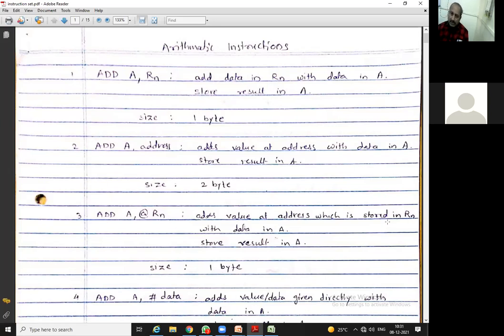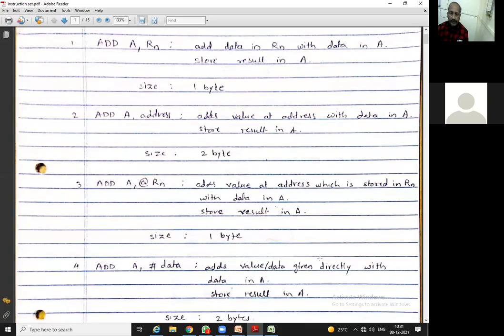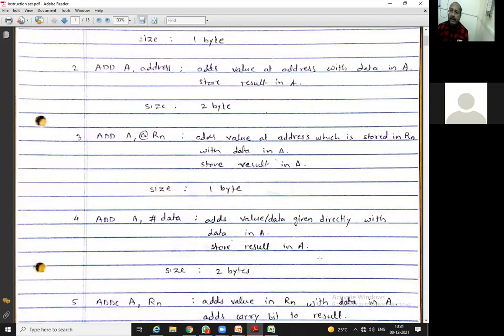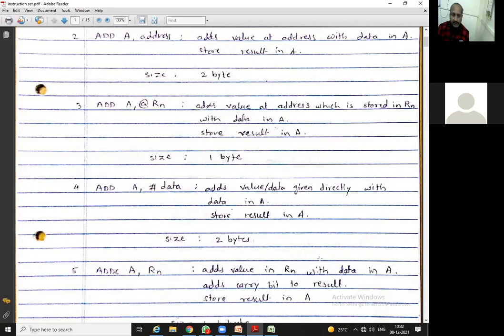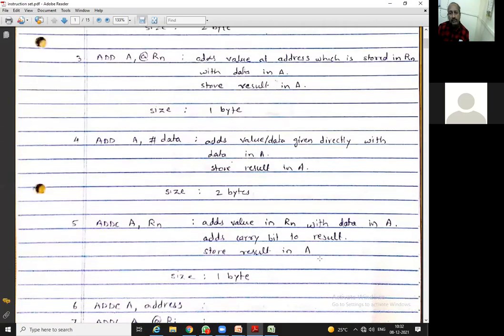On that address, whatever value is there gets added with A and the result is again stored in A. Then ADD A, #data. It adds the value or data given directly with the data in A, immediate addressing mode. Whatever data is given is added there. We have already seen one example for that also.